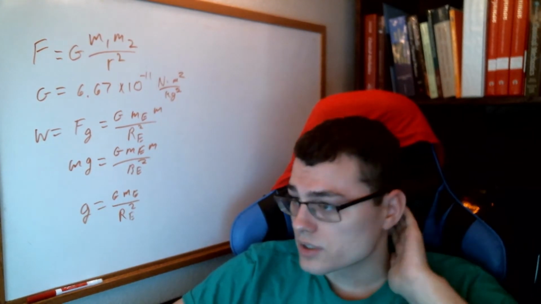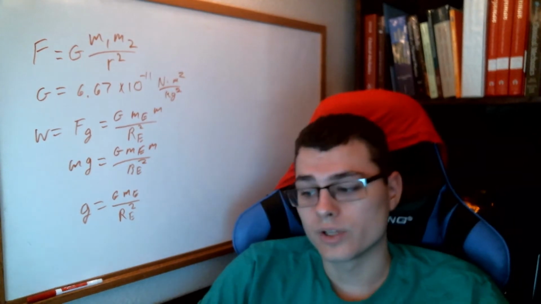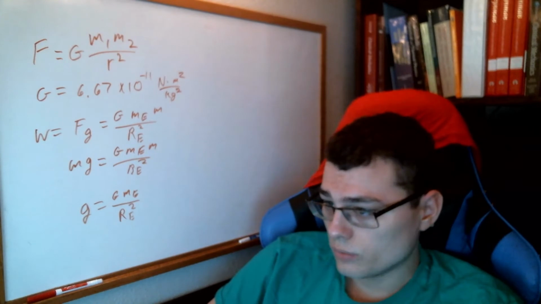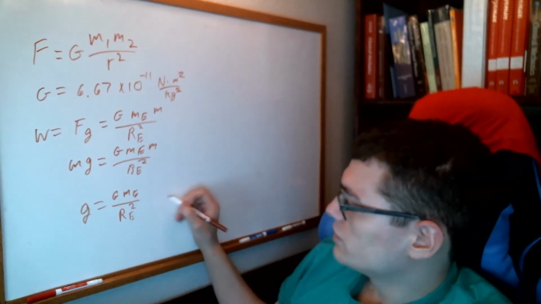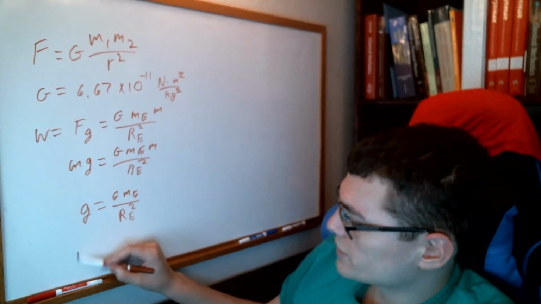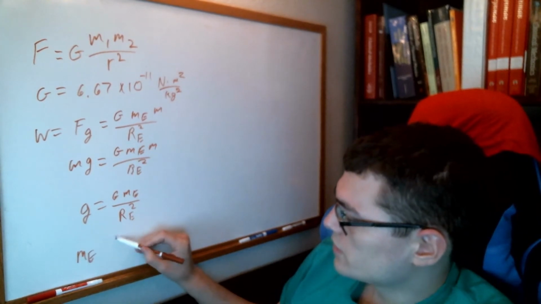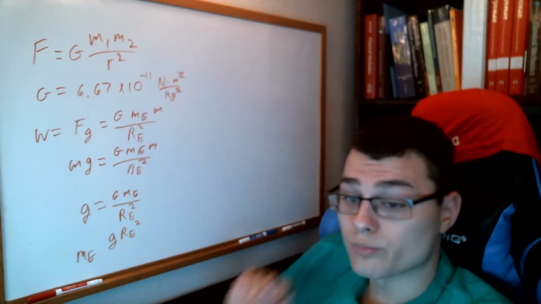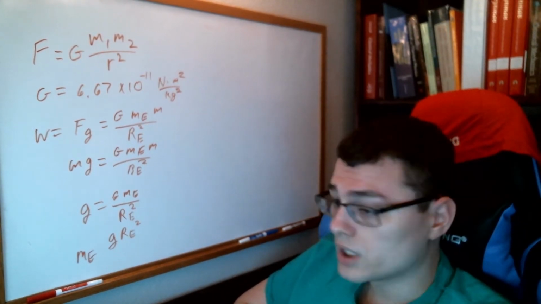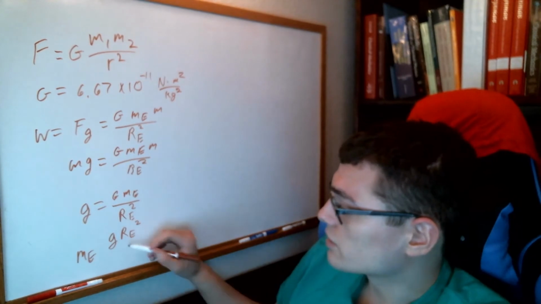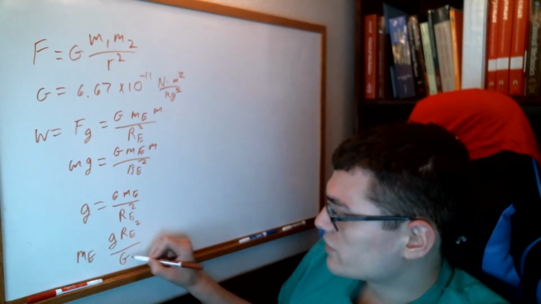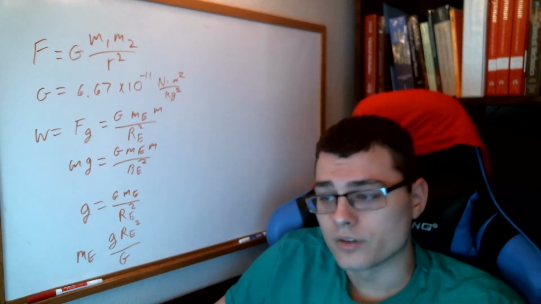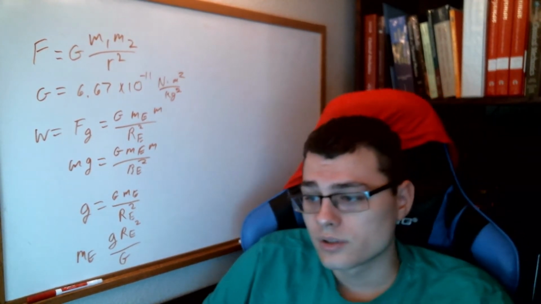This is a little fun trick: M_E is going to be equal to g R_E squared over your gravitational constant G, because the radius of the Earth is much easier to determine than the mass of the Earth. And that's how we figured out how massive our Earth is.